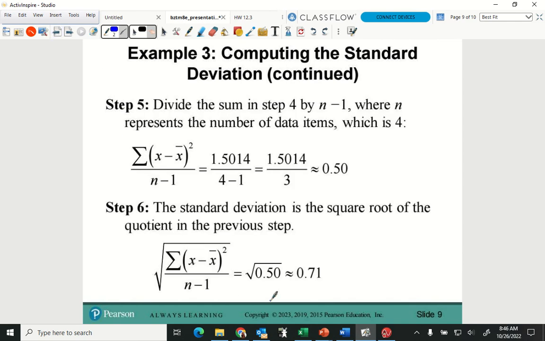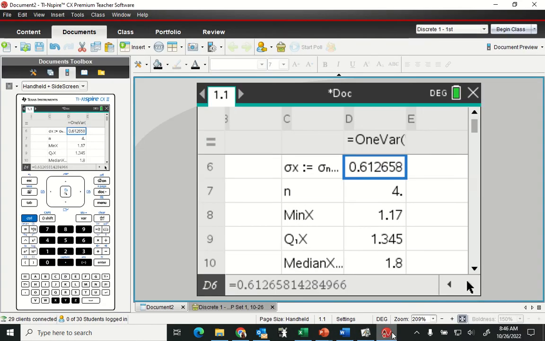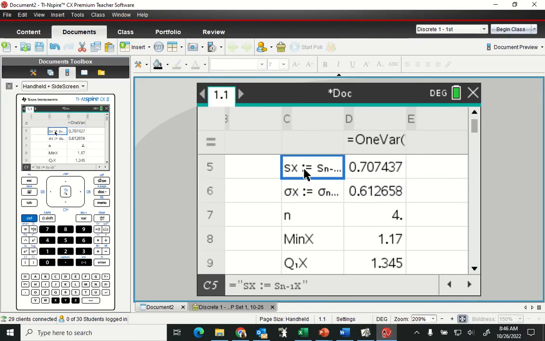Oh crap, I guess I got it wrong. It's the other one. 0.71. Dang. Now you got it on recording that I messed up. The SX is the standard deviation on this one. This symbol right here actually means standard deviation, but I don't know what the X part of it is. So SX is standard deviation that we're looking for.